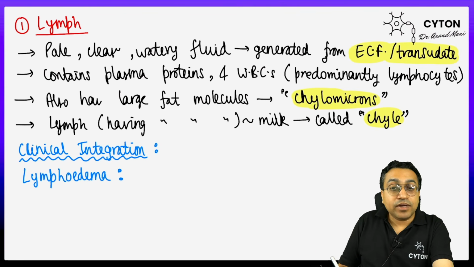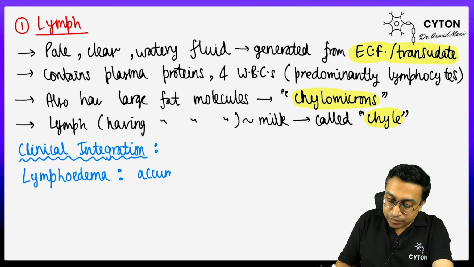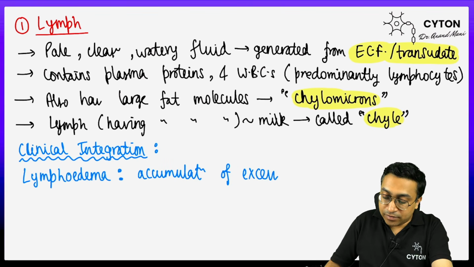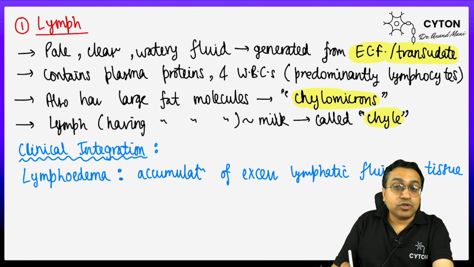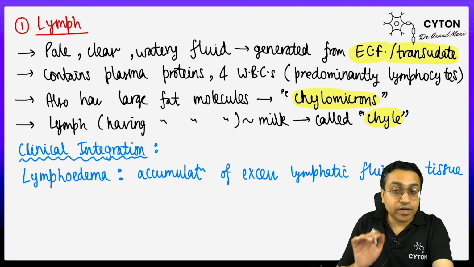So lymphedema is accumulation of excess lymphatic fluid in the tissue which leads to swelling. It typically occurs in the limbs.